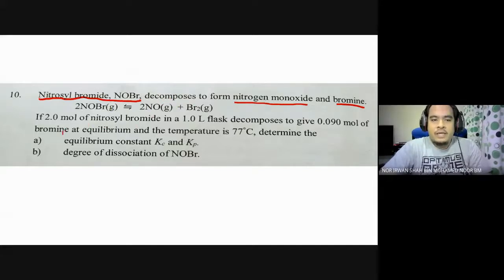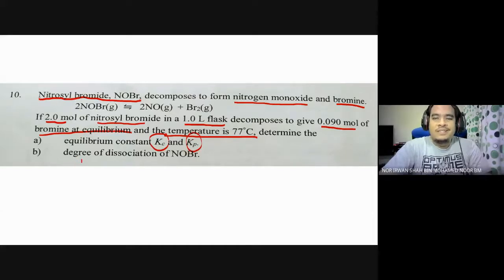And then let's say 2 moles of nitrosyl bromide in a 1 liter flask decomposes to give 0.09 moles of bromine at equilibrium and the temperature is 77 degrees Celsius. Determine the equilibrium constant Kc and Kp, and lastly determine the degree of dissociation of nitrosyl bromide.